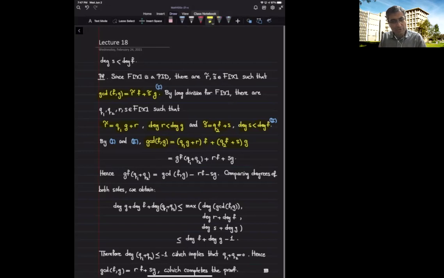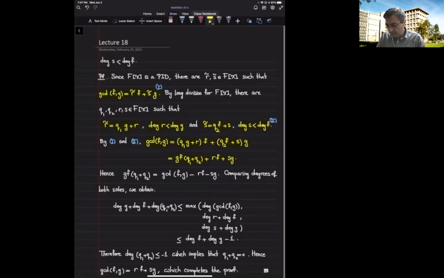Distribute and reorder the terms. We get f times g from here and f times g from here. Factor it out. I get f times g times q1 plus q2, adding up the quotients, plus r times f plus s times g.